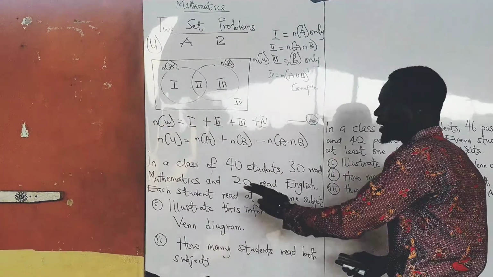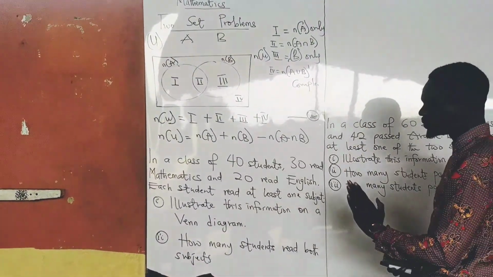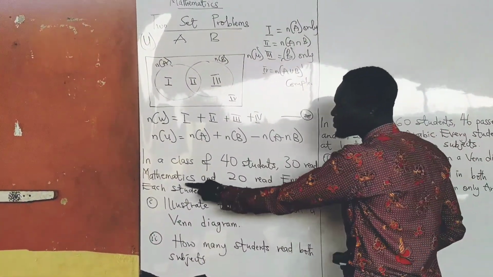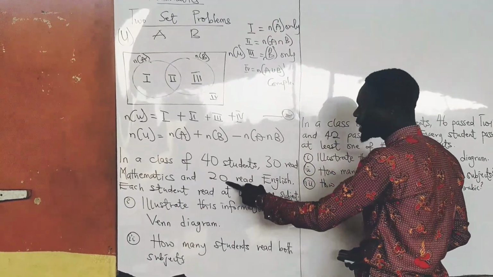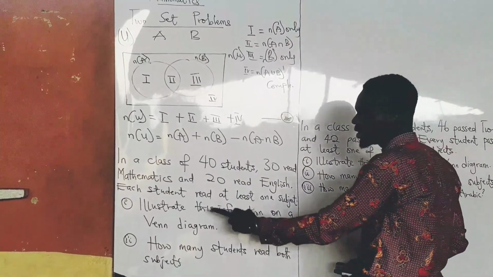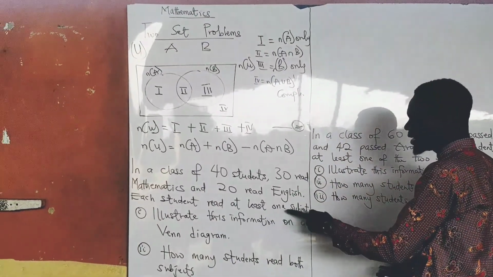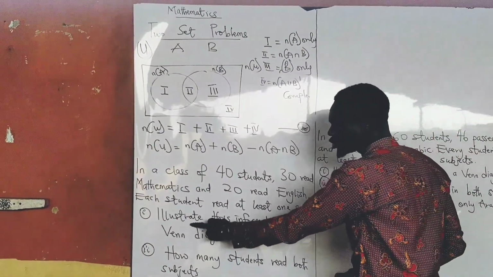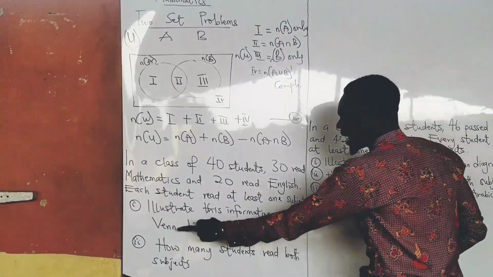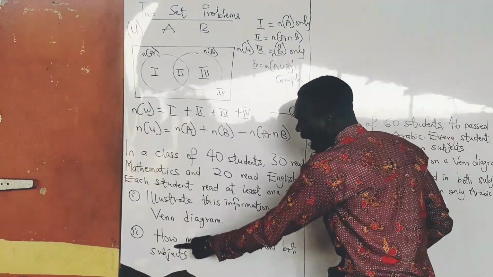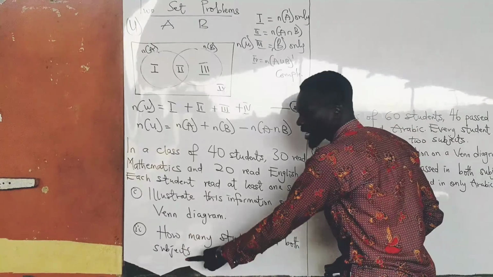We have, in a class of 40 students, 30 read mathematics and 20 read English. Each student reads at least one subject. Illustrate this information on a Venn diagram. How many students read both subjects?